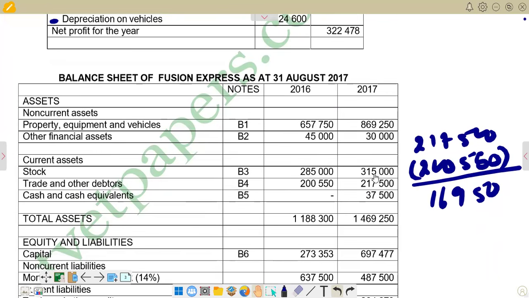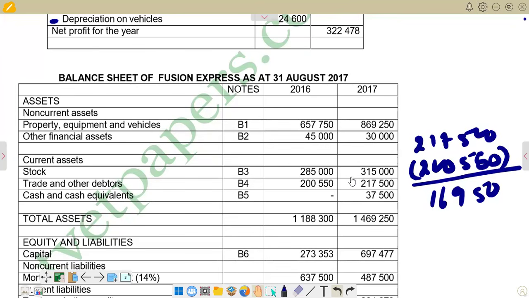This is 2016, 2017. So stock is moving from 285,000 to 350,000. We see that this is an increase from 285,000 to 350,000. So we can just calculate the increase that we have there.